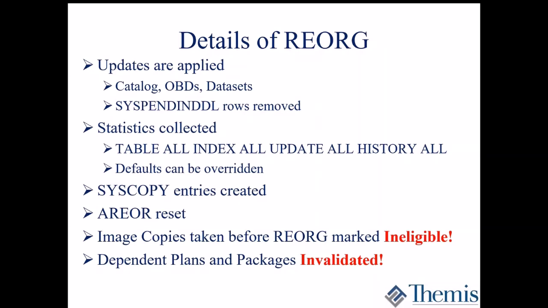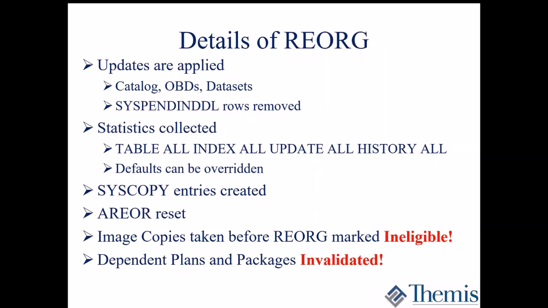The second one there is probably the one that has more wide-ranging consequences, and that is dependent packages are invalidated. We say plans and packages, but they also made us go to packages now, so we really mean packages. Any package dependent on this object that we just reorged is marked invalid.